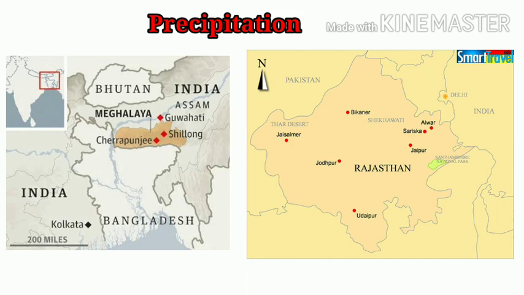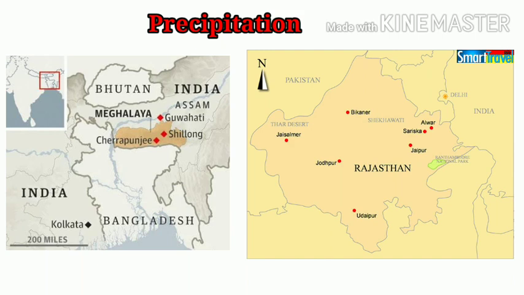The average rain there is 1100 centimeters in the year. And if we talk about Jaisalmer, which is in Rajasthan, it receives only 9 centimeters of rainfall in a year. So now you can see the differences. Now again we are taking one more town from Meghalaya, that is Tura.